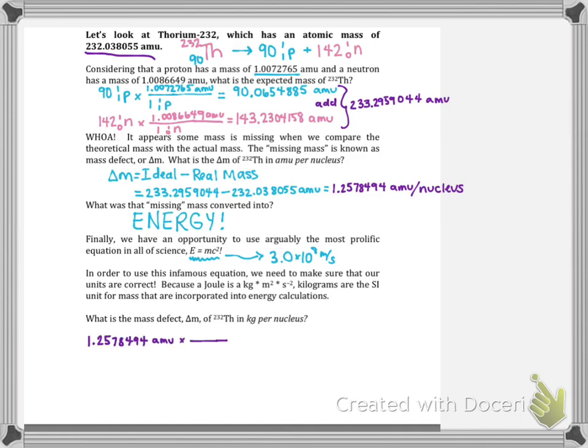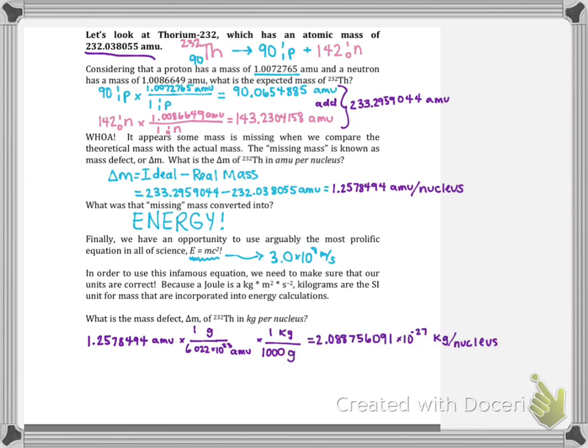And to do this, we're going to use one of our most favorite conversions, where we say in 1 gram, we have 6.022 times 10 to the 23rd AMU. And then from there we can say in 1 kilogram there's 1,000 grams.